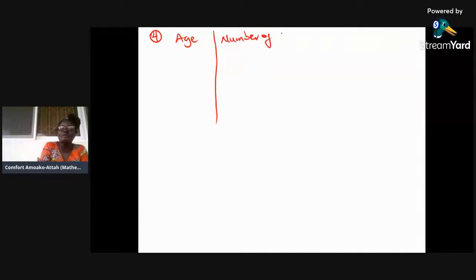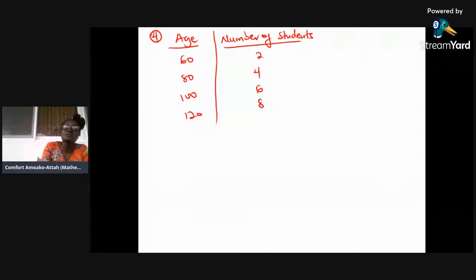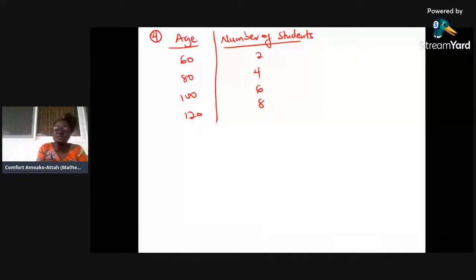So for the age, we can say we have 60, 80, 100, 120. Number of students, we have 2, 4, 6, 8. Then we are to plot a graph of this. That is a histogram. I believe you know the difference between histogram and bar chart.